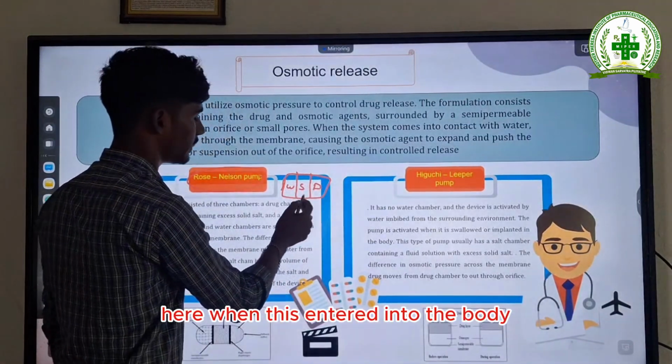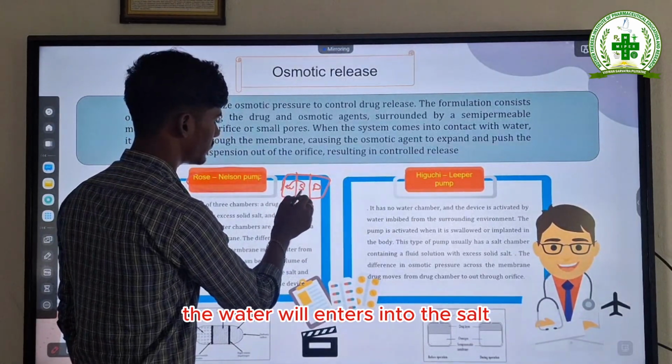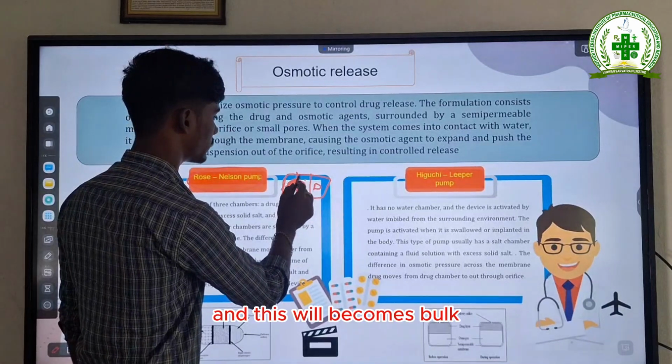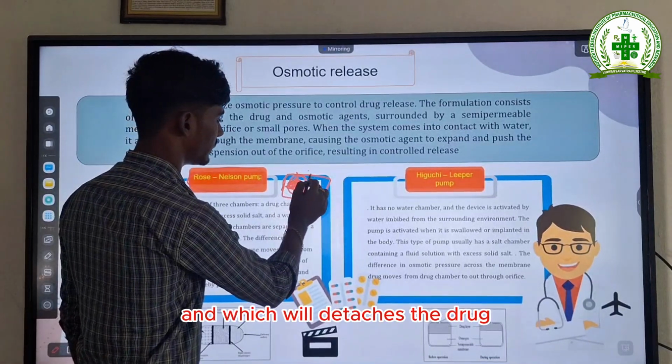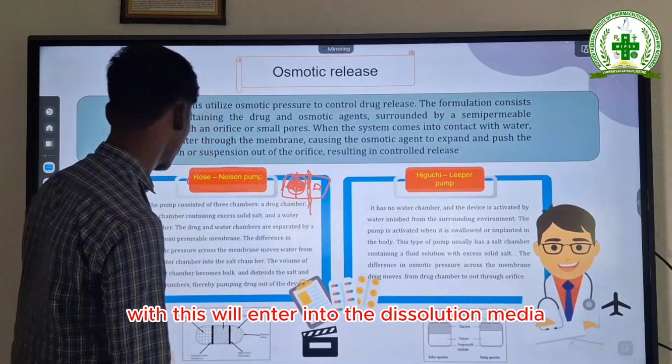When this enters into the body, the water enters into the salt chamber and this becomes bulky, which pushes the drug out. This will enter into the dissolution media.